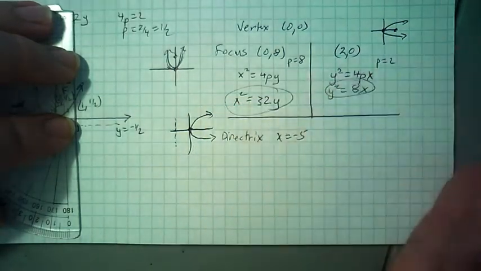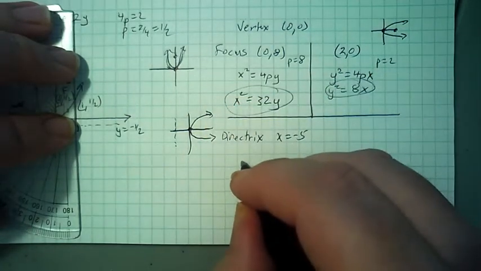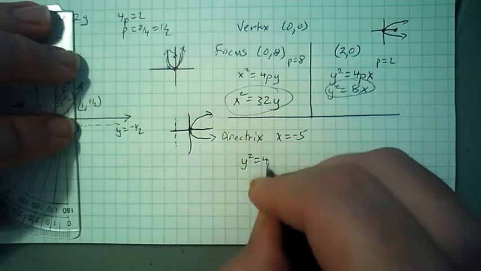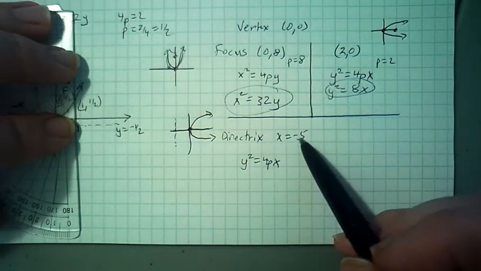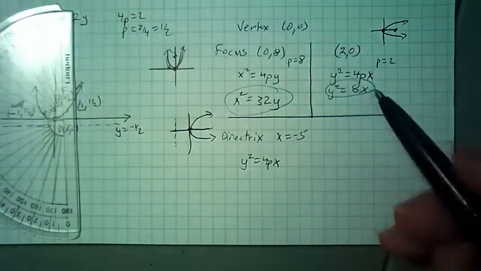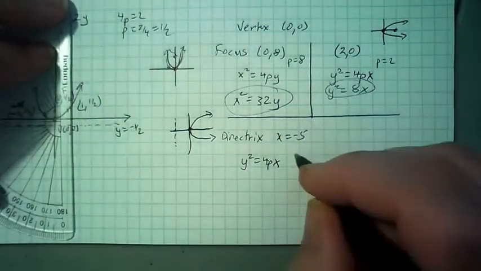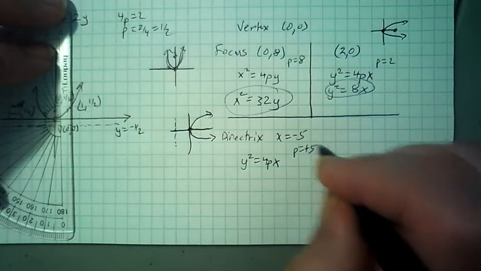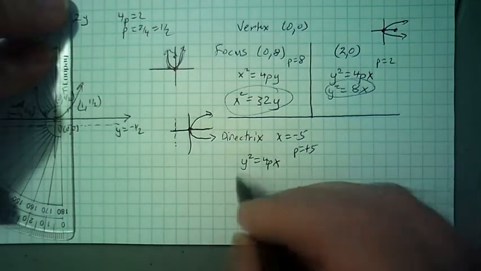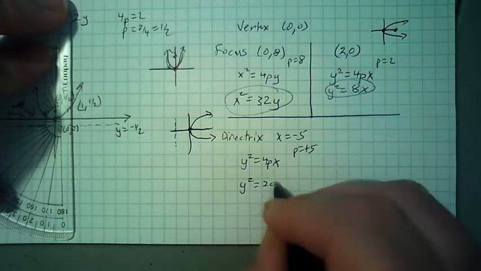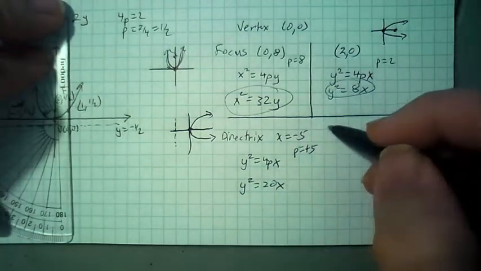So this is leaning on its side, which means the y is what's squared. Since the directrix is always opposite the focus, this is negative 5, which means my p is actually going to be positive 5, because the directrix is opposite. So positive 5. And that means this is y squared equals 20x. That's the first one we graphed.